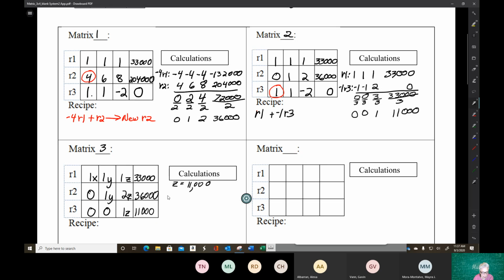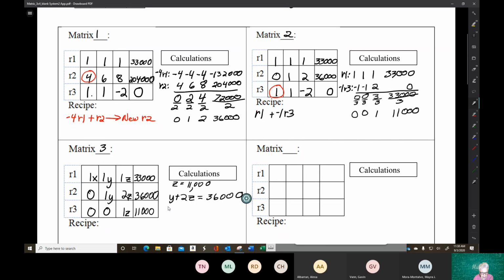Now, I'll go up to the second row where I'll have 1Y, or Y, plus 2Z equals 36,000.